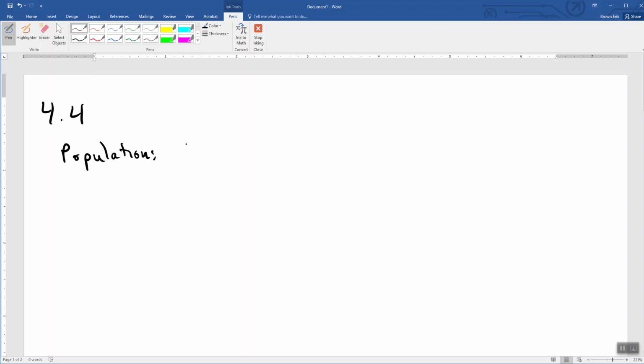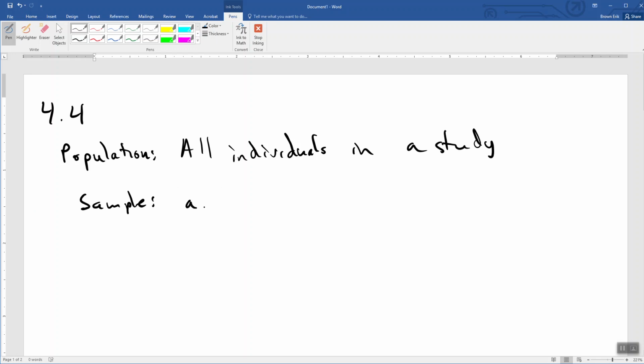In the context of statistics, the population is all individuals in a study. And then a sample is a subset of the population.